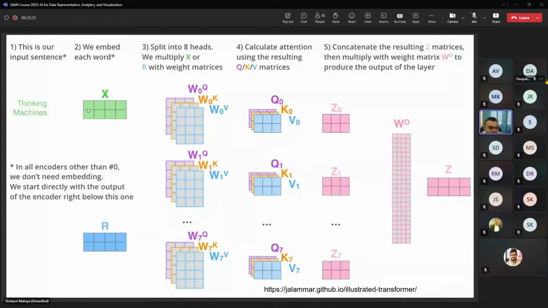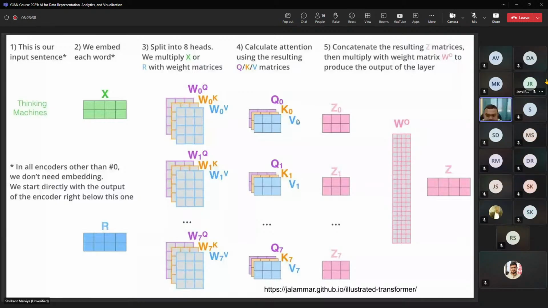Okay, so first of all, x is given as an input, and it is multiplied by various weight matrices to get the query vector, and then they will be multiplied with all the other query vectors to find out the attention representation for each input.